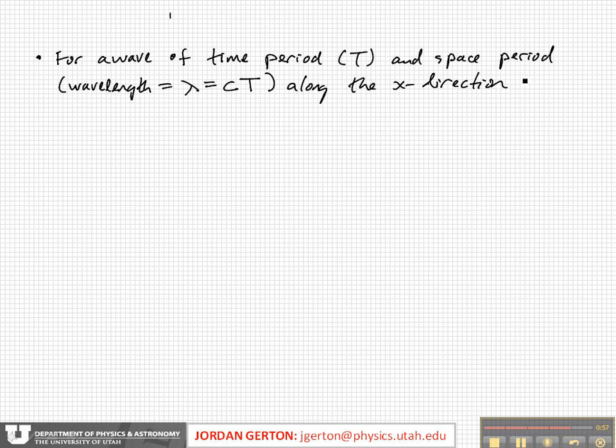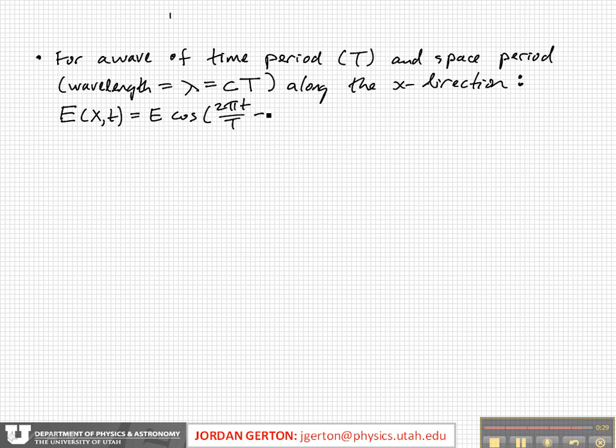Then in that case, the electric field, remember this is an electromagnetic wave, so it's got a periodic sinusoidal form. So we've got a cosine, and we've got this phase factor, which depends on the time.